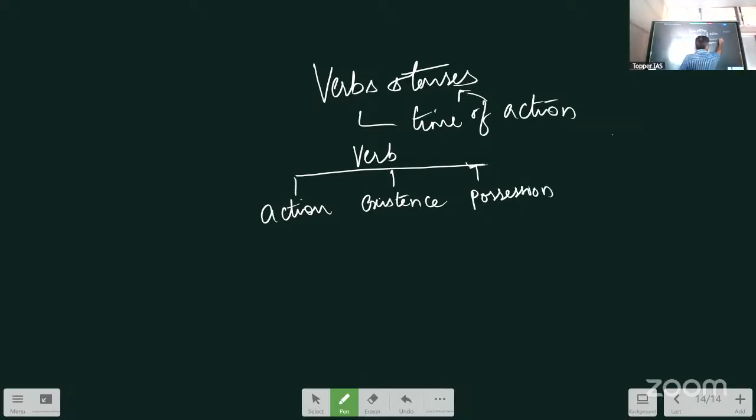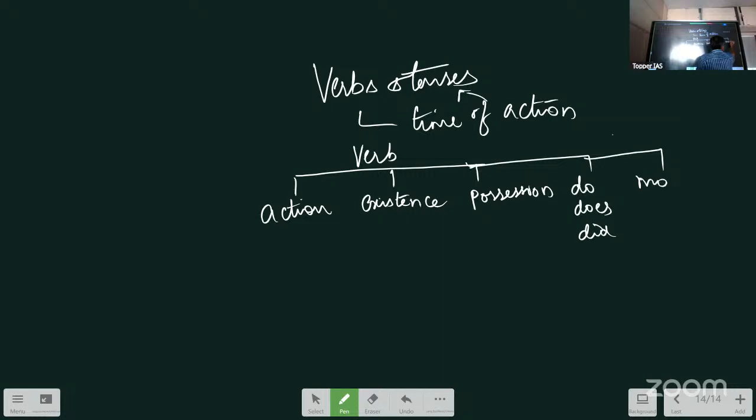It can denote do, does, did. ಆಮೇಲೆ there can also be modals. ಇಷ್ಟನ್ನು we will learn. Clear? So what do you mean by action? For example, play, read. These are all actions.